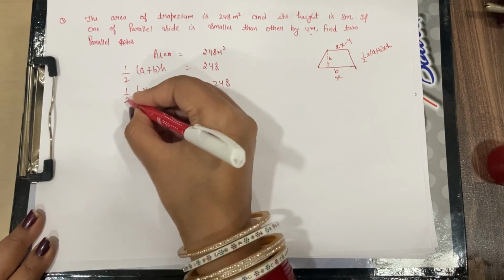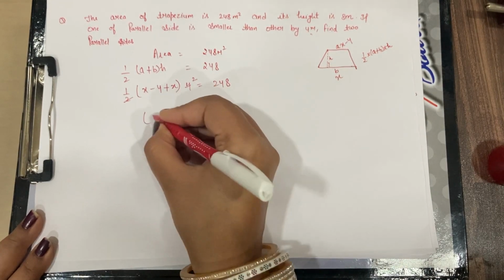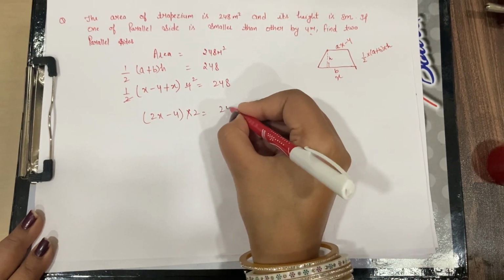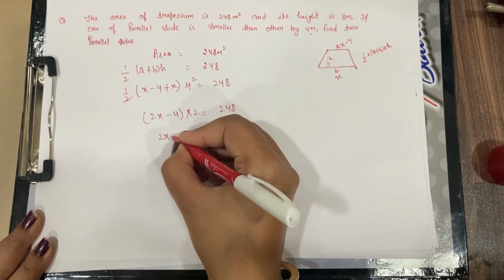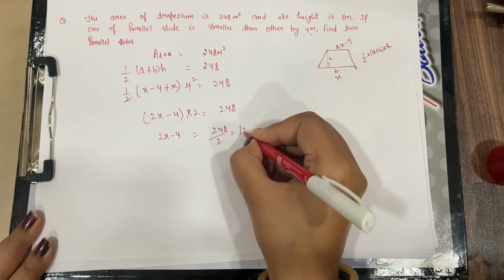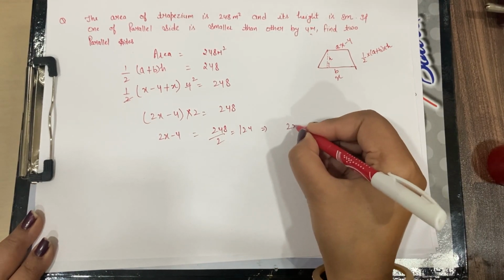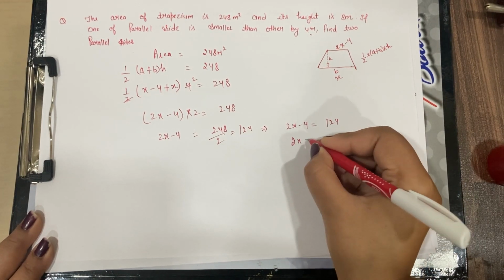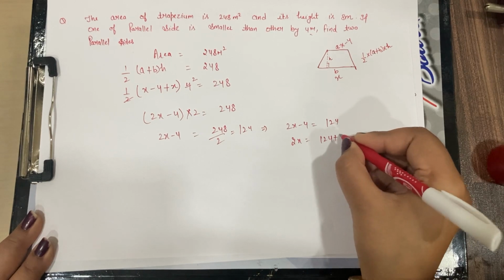When we do the cutting on the table of 2, now this 2 is in multiplication. We'll send this 2 to the division. You will get 124. 2x minus 4 is equal to 124. 4 is in subtraction, send it to addition.